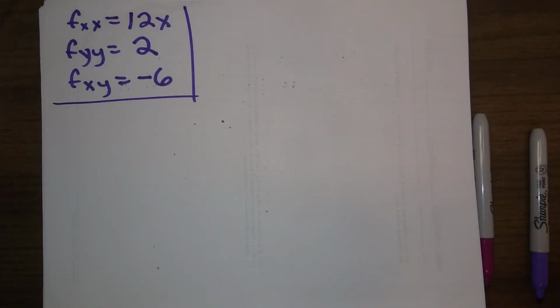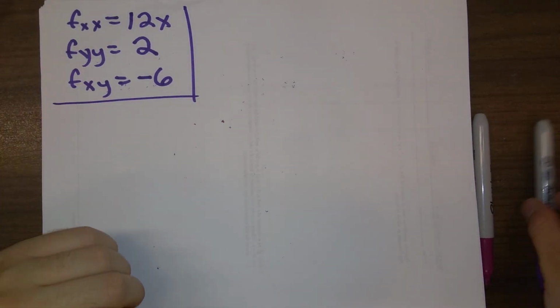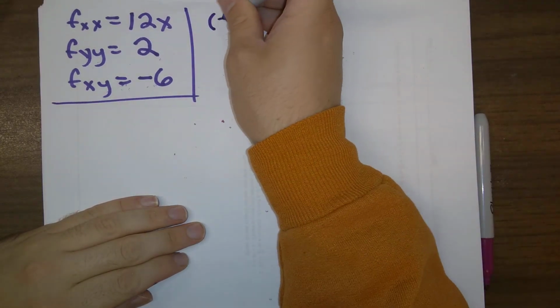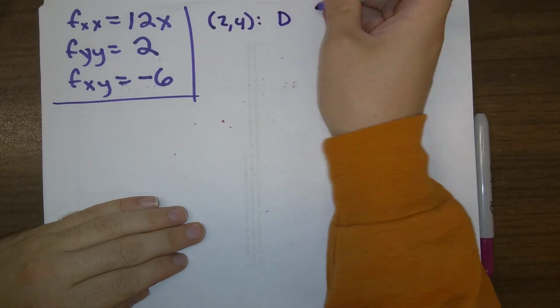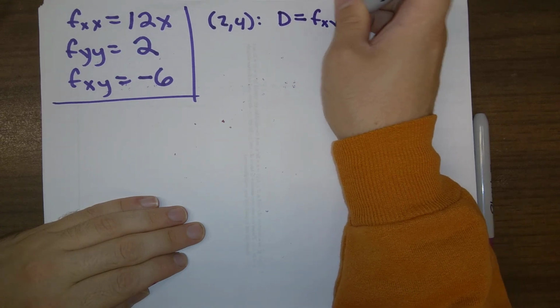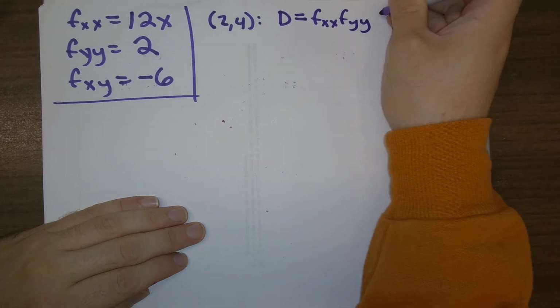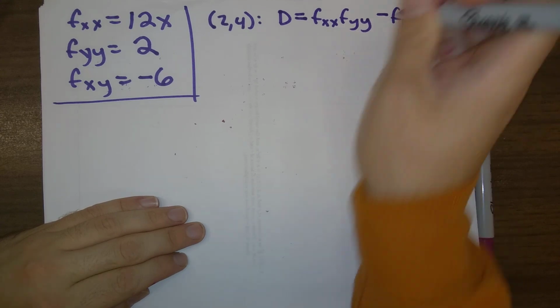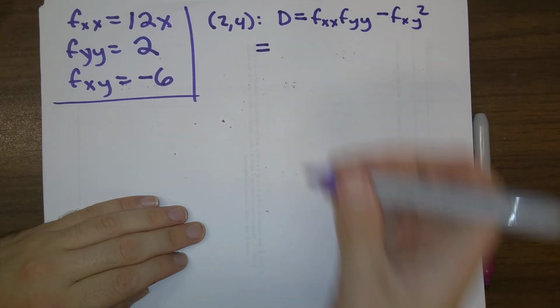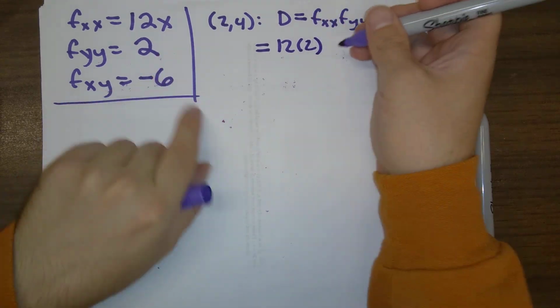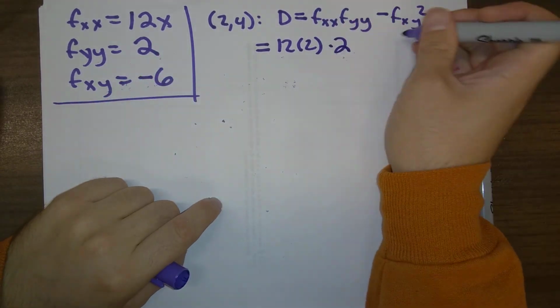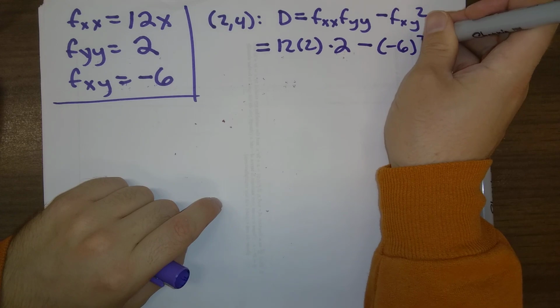Now we want to classify our critical points. So (2, 4). Remember the discriminant is fxx times fyy minus fxy squared. So here this is 12 times x, which is 2, times 2 minus 6 squared.